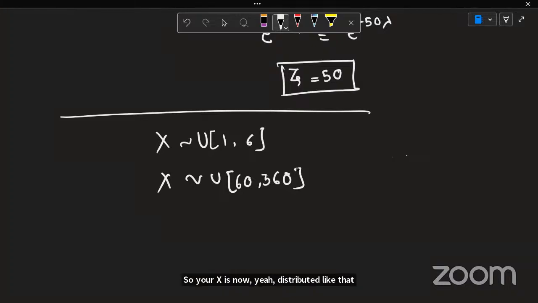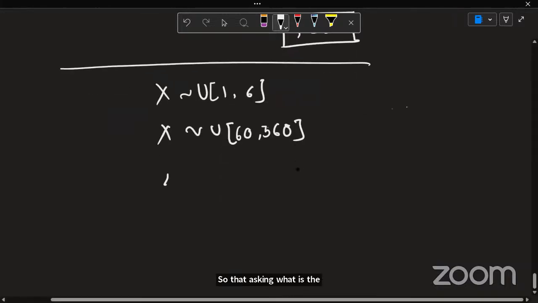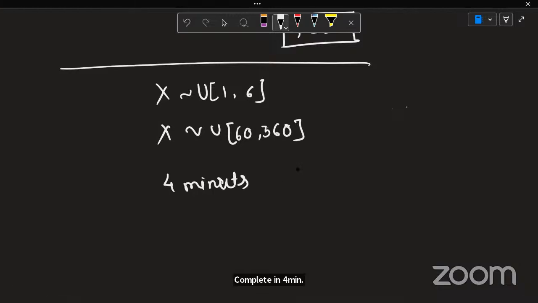So they are asking, what is the probability that Ajay will complete in 4 minutes? 4 minutes is equal to 4 into 60, which is 240 seconds, right?